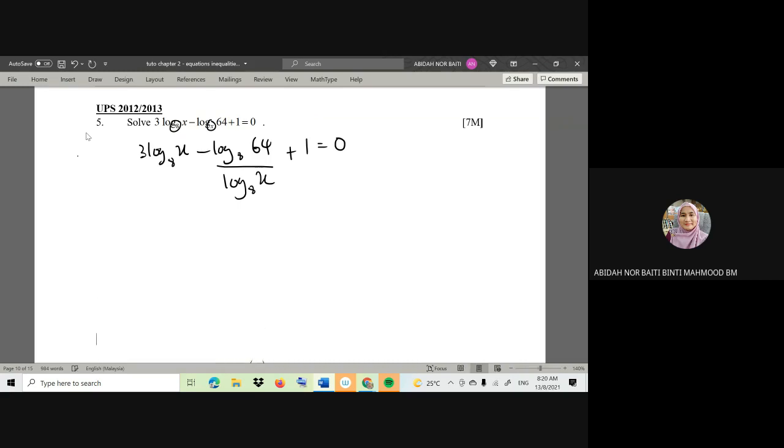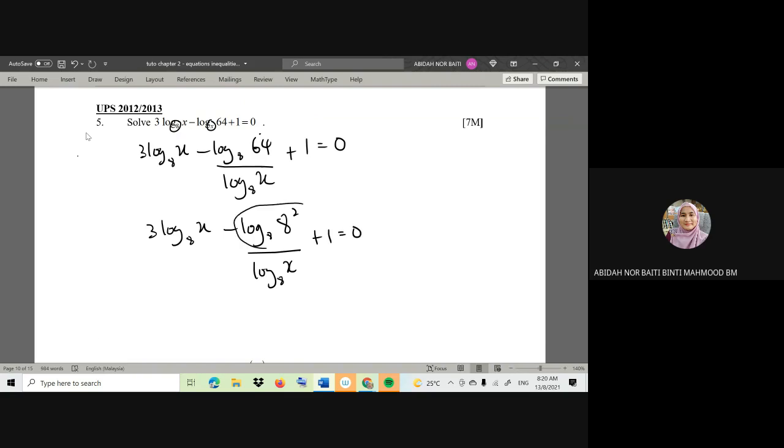Then we can simplify what? 64 ya, 64 change to 8 to the simplest power base. Yes, simplest base is base 8. 8 squared. Okay, log x base 8 plus 1.